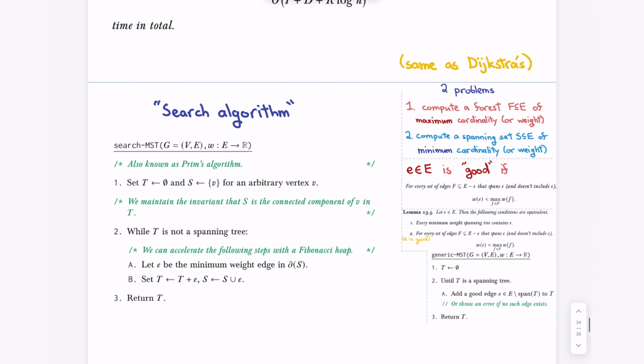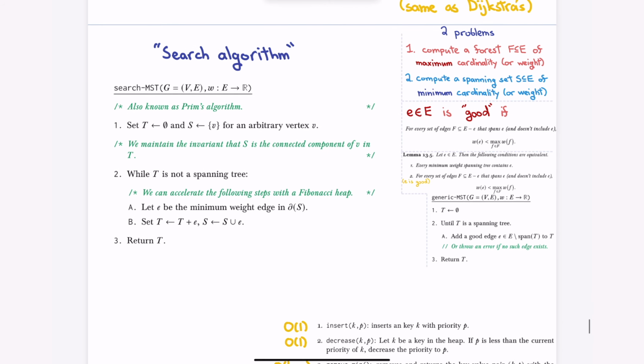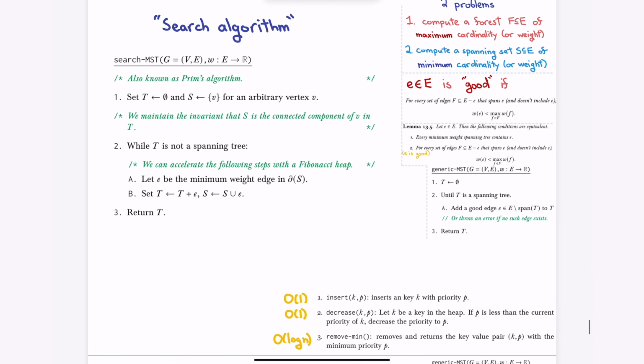Oh, I shouldn't give that away. So with this data structure, I can keep trying to remove the minimum weight edge that's not yet spanned.